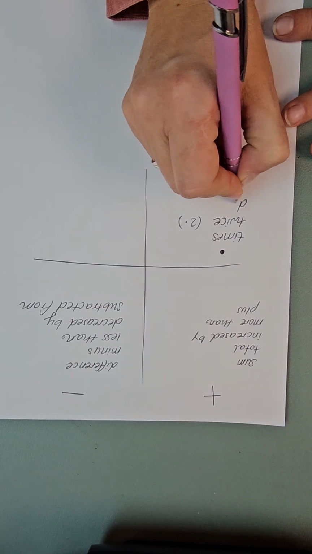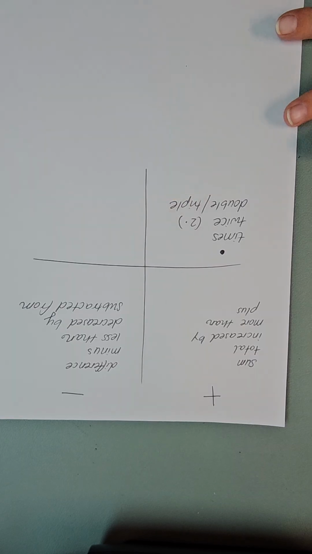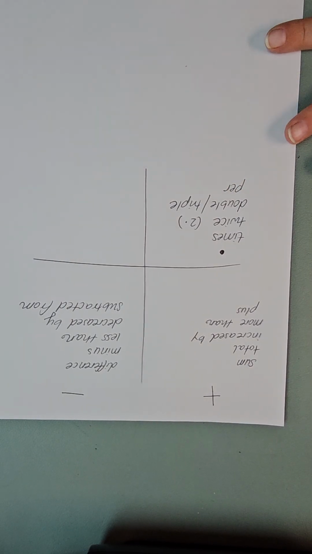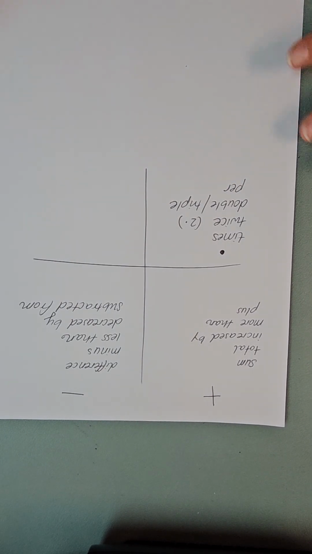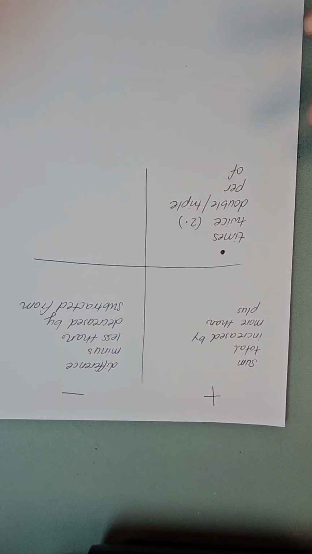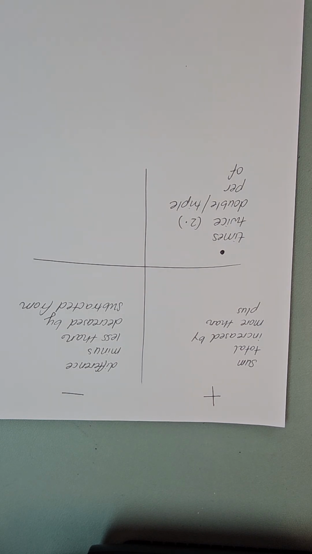Double or triple are other words that they use. But especially in those word problems, they really like to use the word per. Or if you have 5 of that amount of cookies or whatever it might be, then "of" means multiplication.